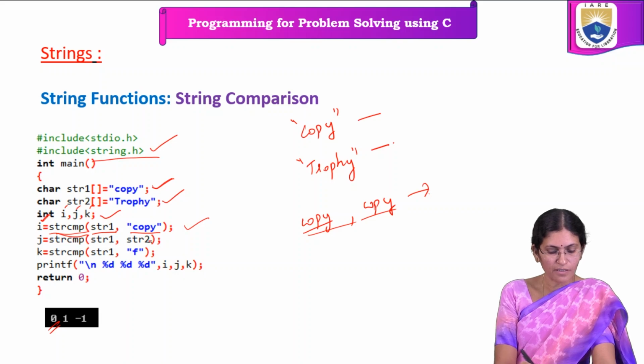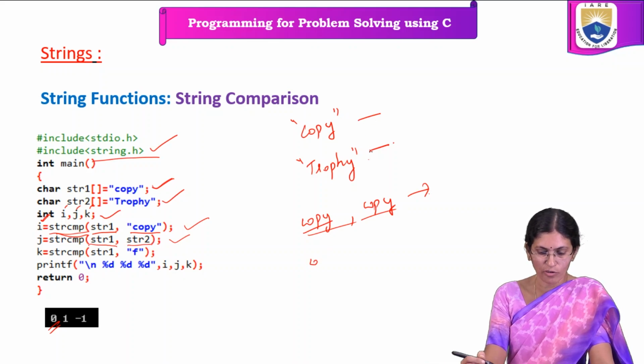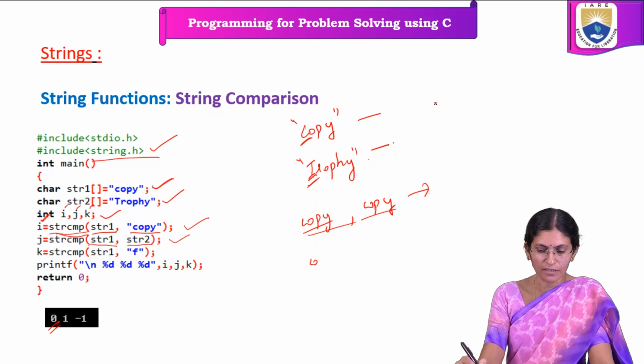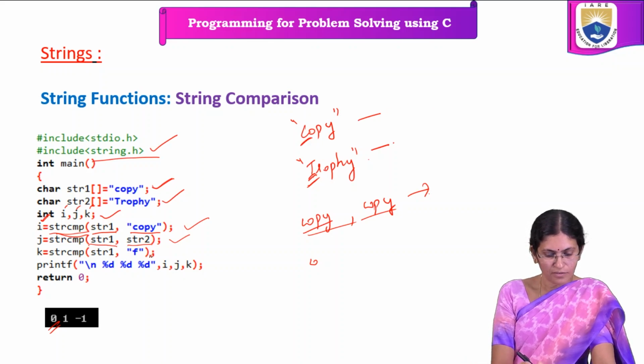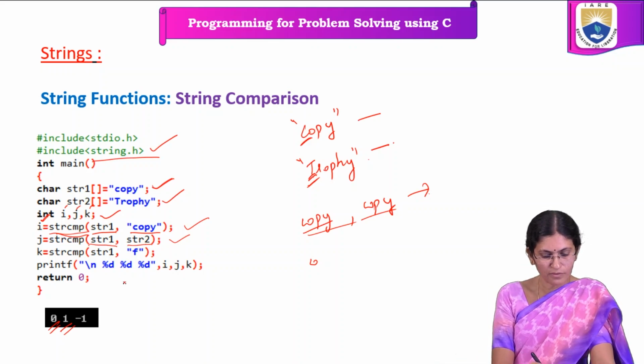Now in the next line, str1 and str2 are compared. str1 is copy whereas str2 is trophy. The first non-matching character is small c and here you have capital T. So it will return a value greater than 0. So the output of this is 1.